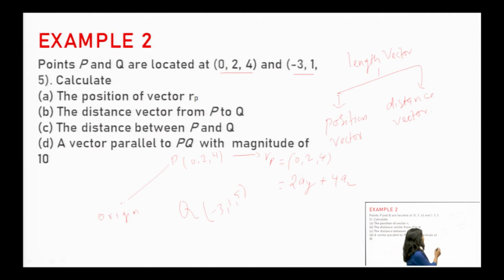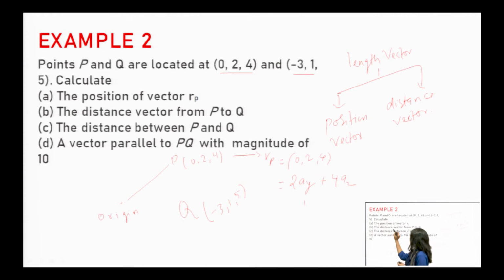However, ay and az are the unit vectors which show the direction along y-axis and z-axis. So, this is the position vector rp.